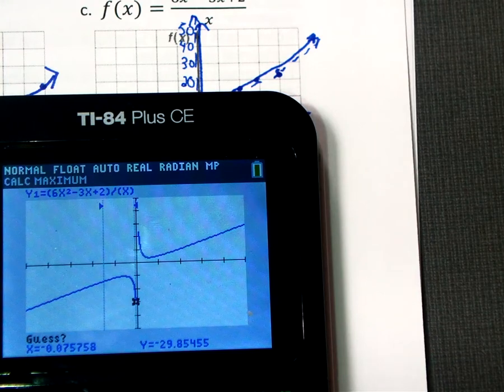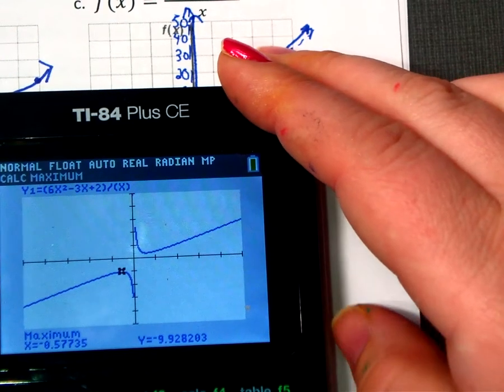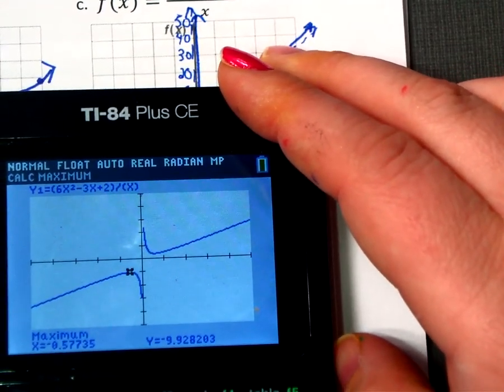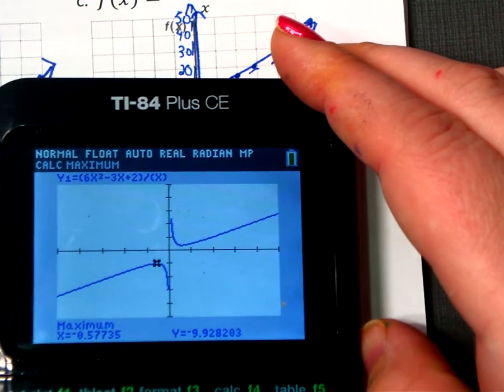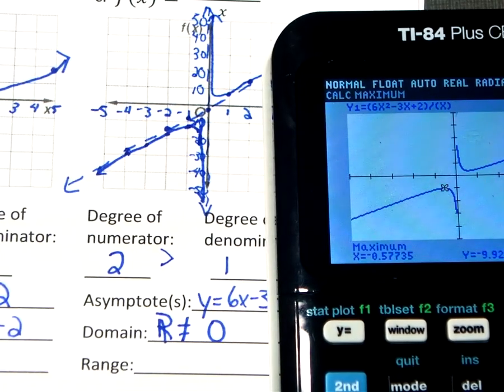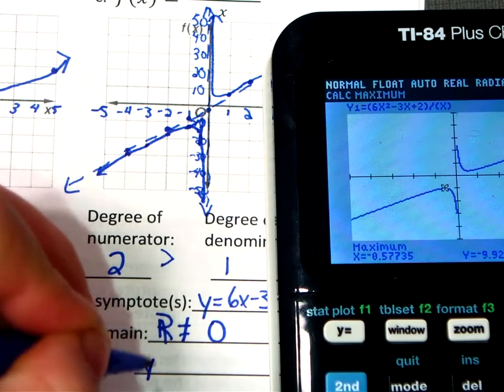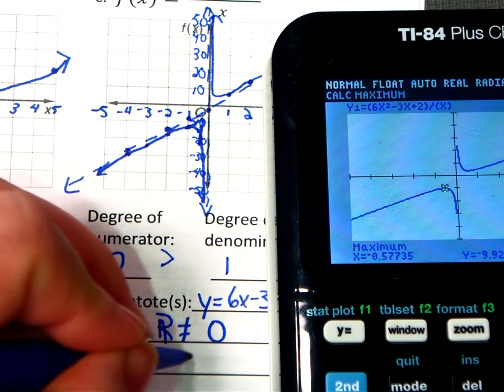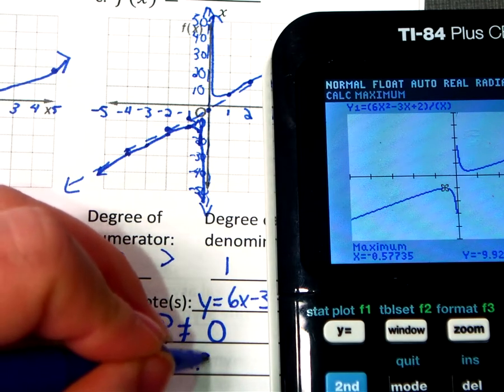Maximum happens at negative 0.57 for the x, and we care more about the y value because we're looking for the range. So y is less than or equal to negative 9.93.